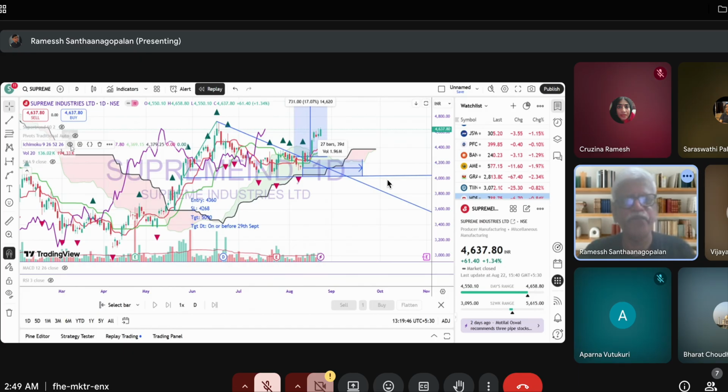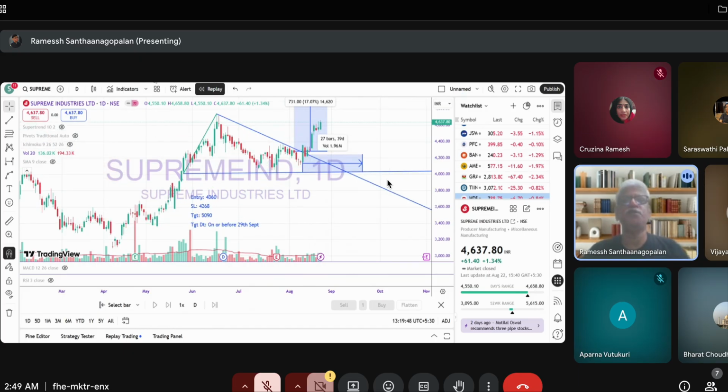So I will teach you that in Ichimoku also. When I teach you Ichimoku, I will definitely teach you how much risk you can take, what kind of risk, at what level, and at every level what kind of risk is there. You will be learning it. Okay, now this is one type of triangle that you have seen, because this triangle is like this.